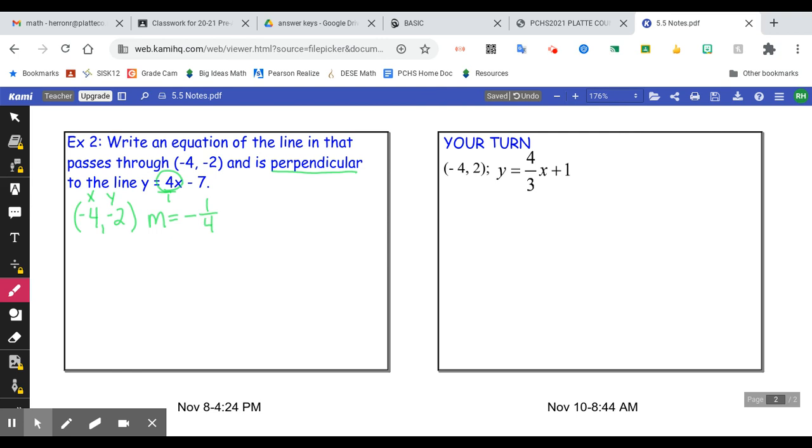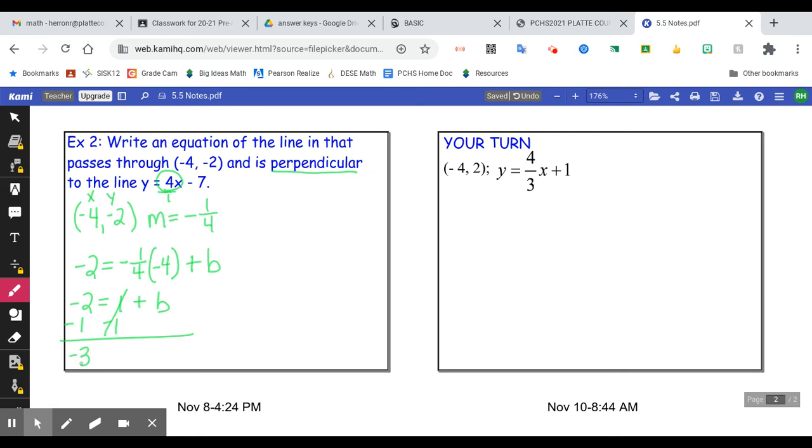Okay, here we go. Negative 2 equals negative 1/4 times negative 4 plus b. Here we have negative 2. Negative 1/4 times negative 4 is 1 plus b. And then we have subtract 1 because it's positive.